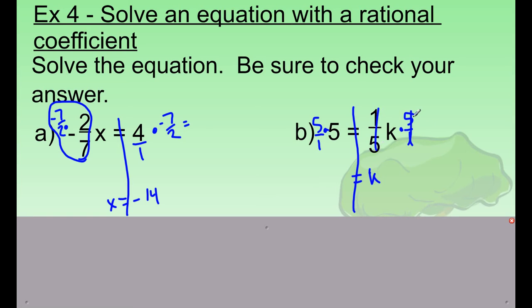So these cancel. On the other side, 5 times 5 is 25, over 1 is still just 25. And to check your work, 1/5 times 25 equals 5.